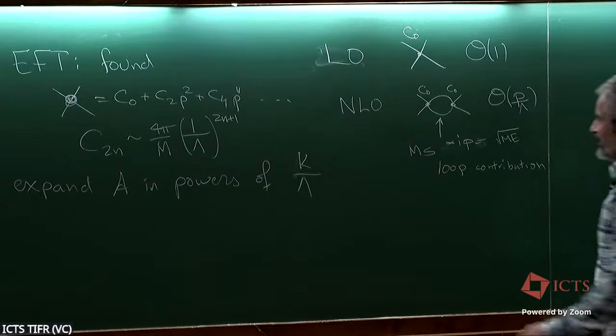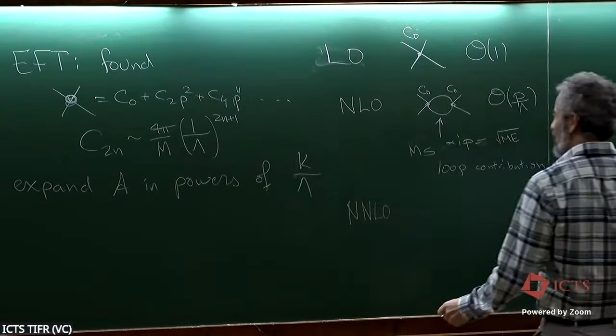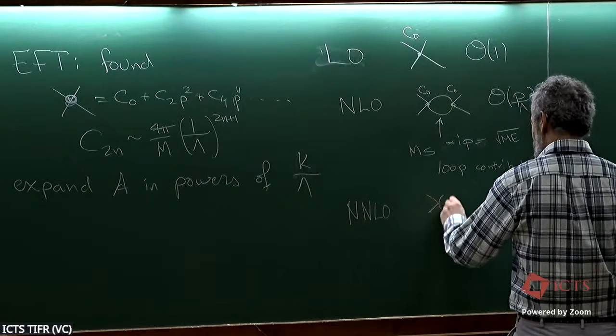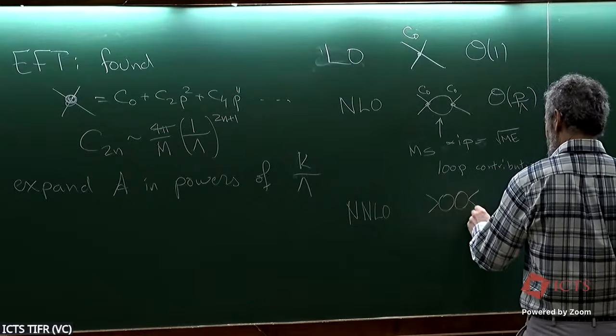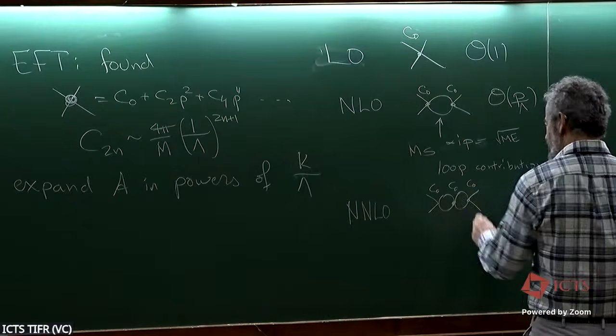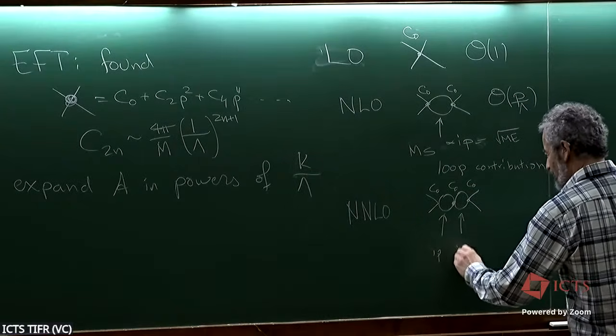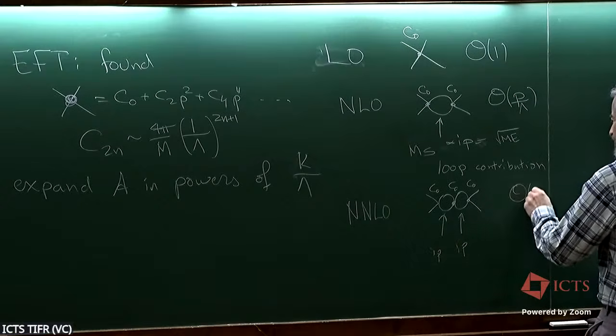And then at NNLO, we would have the two-loop diagram with C naught at every vertex. And this has 2 loops, and so there's an iP from that. So this is order P squared.